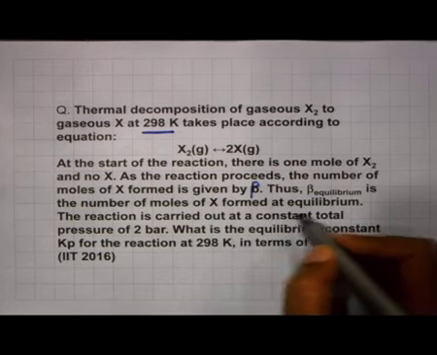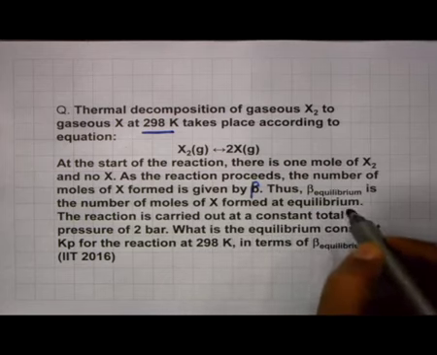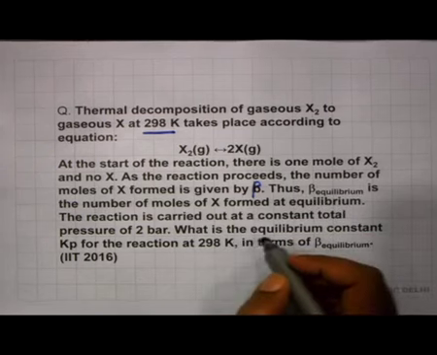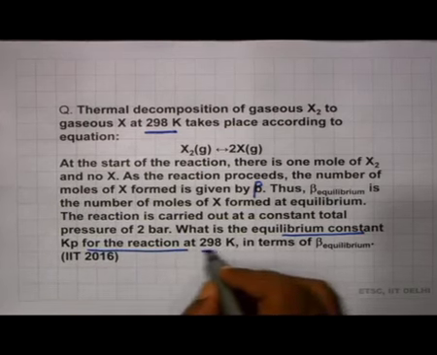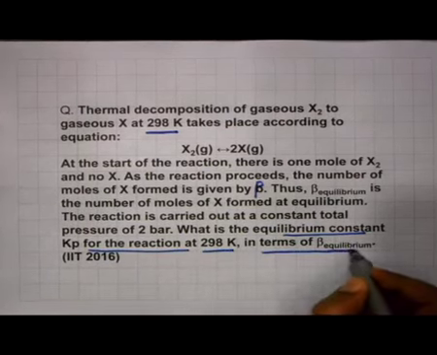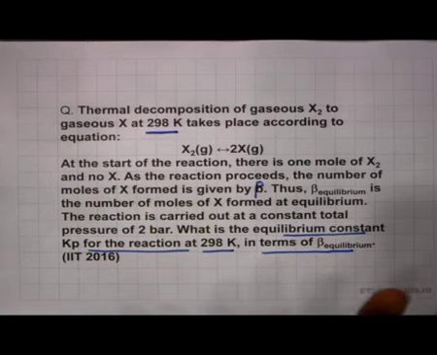The reaction is carried out at a constant total pressure of 2 bar, and then it is asking what is the equilibrium constant Kp for the reaction at 298 K in terms of beta equilibrium. Now, you see here the equilibrium concentration of product is given, but the equilibrium concentration of reactant is not given. But you know the initial moles of reactant.